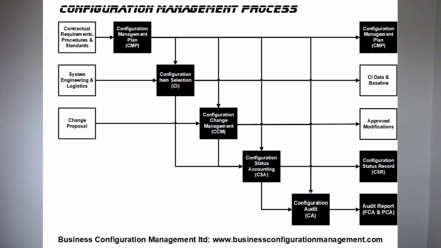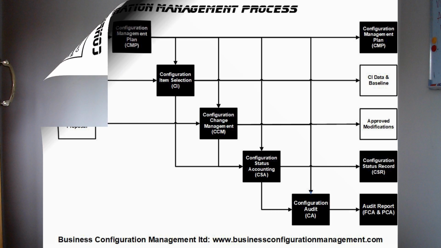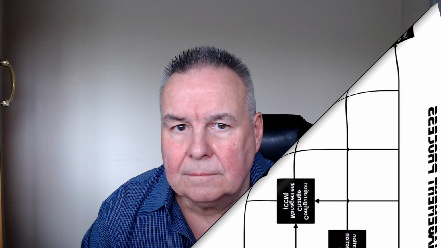The fourth, the configuration status accounting. Fifth, the configuration status record. The sixth, the configuration audit process, which comprises the functional and physical audits. The following sections will now describe each part of the process in turn.